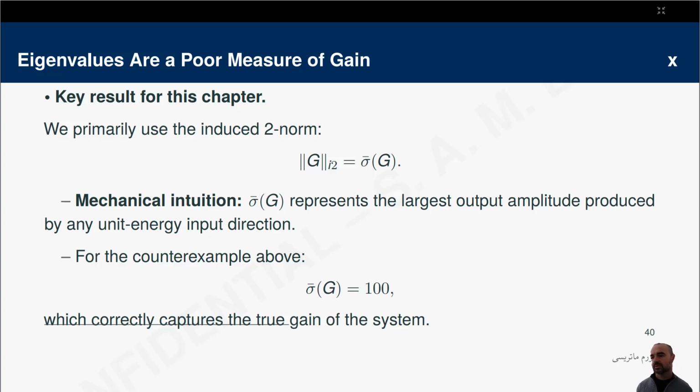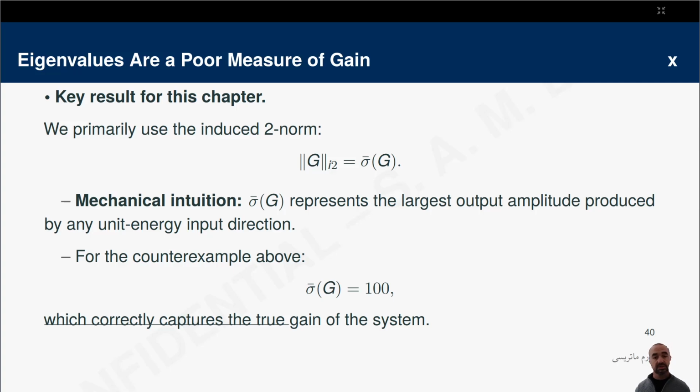Let's think about this mechanical intuition. Sigma bar G represents the largest output amplitude produced by any unit energy input direction. For the counterexample above, sigma bar is equal to 100, which captures the true gain of the system. In the latest example from the last video lecture, the eigenvalues said zero gain.